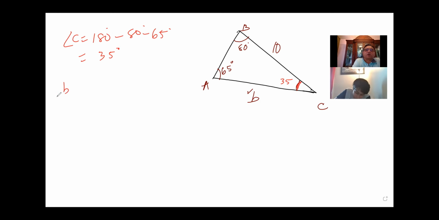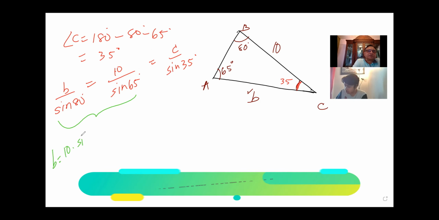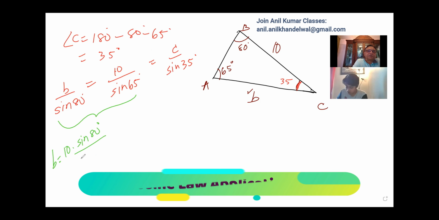Yes, sir. B over sine of 80 degrees equals 10 over sine of 65 degrees, and that should be equal to C over sine of 35 degrees. If I solve the first two, I get B equals 10 sine of 80 degrees divided by sine of 65 degrees.